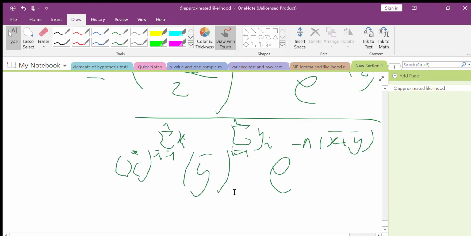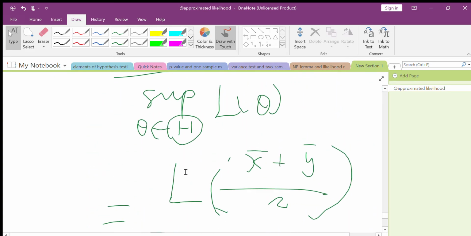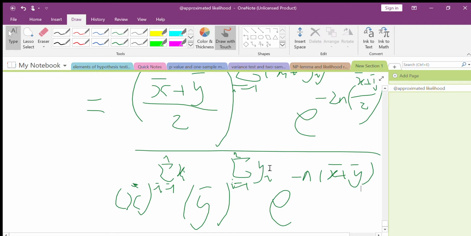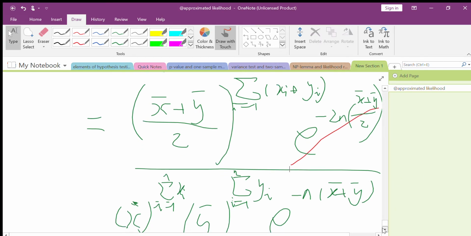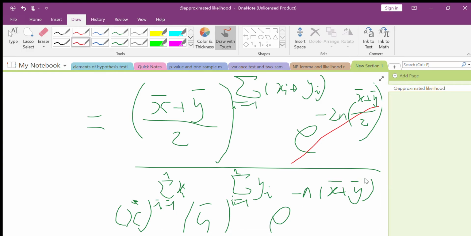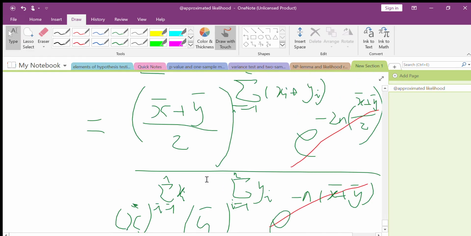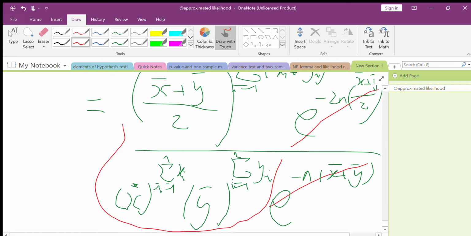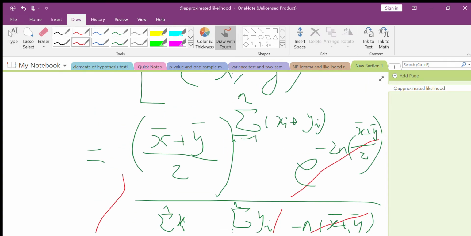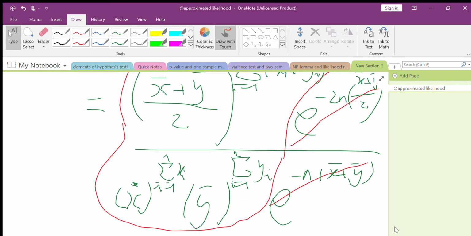So we got our likelihood ratio, and you can further do some simplification. This factor and this factor cancel, they are the same thing. What is left is just this part. This part is capital lambda.